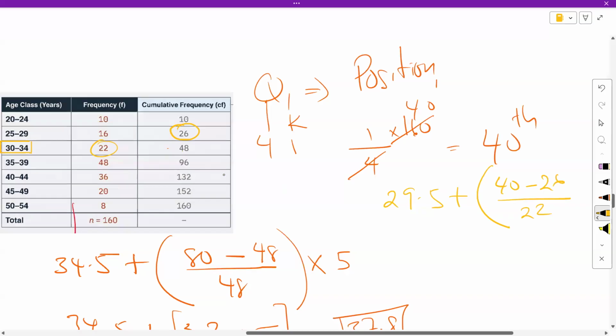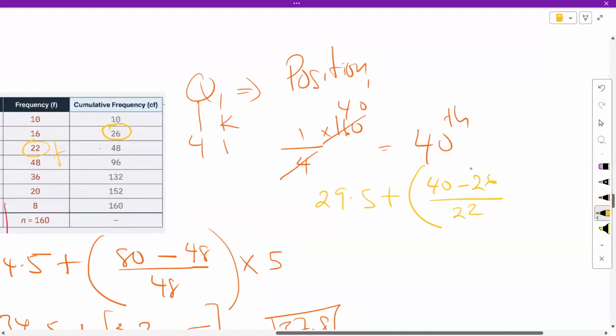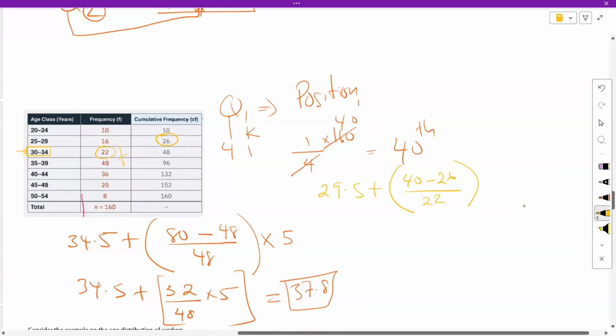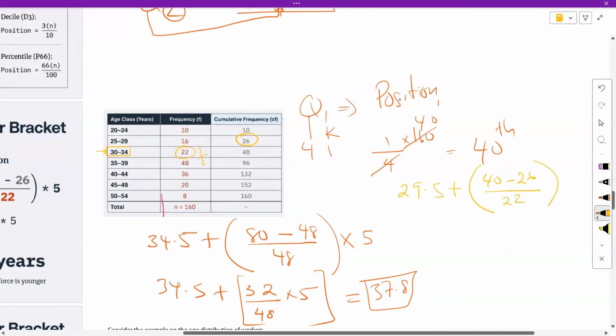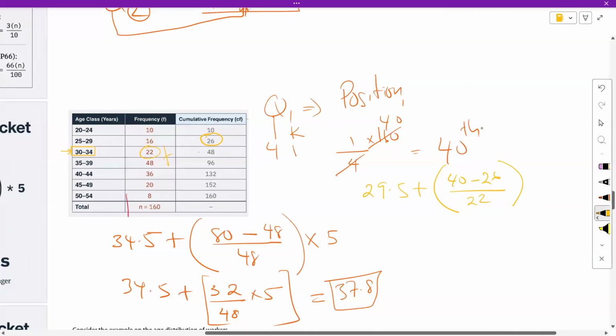Not cumulative frequency, just frequency f. Then the class width, which is 5. Quickly solve this: 29.5 plus (40 minus 26) over 22 into 5. That's the answer.